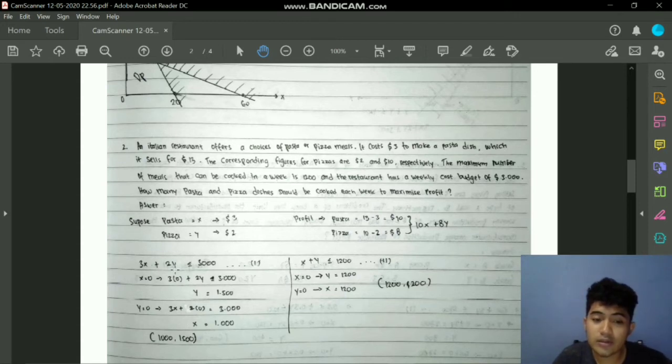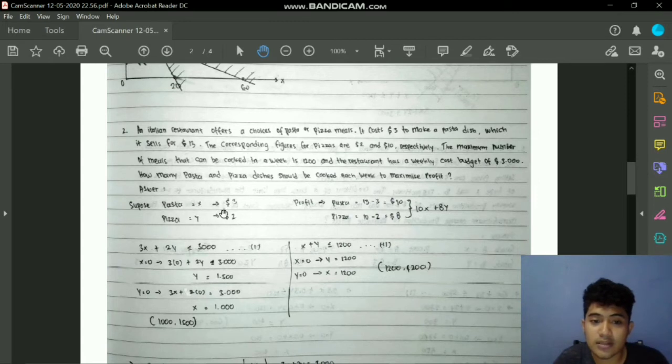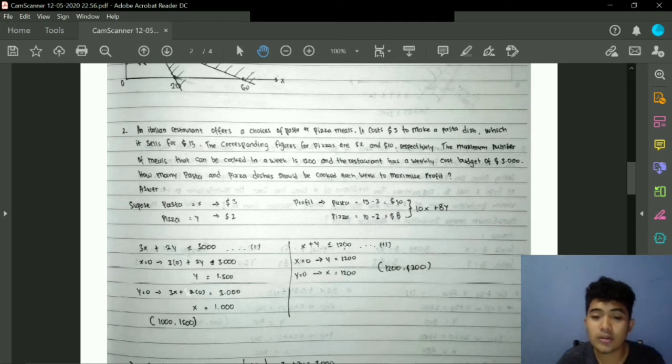We get the first linear inequality from this case: 3x plus 2y is less than or equal to 3000. We get another linear inequality, supposed to not be one, typo.